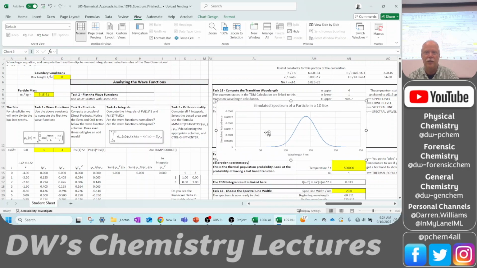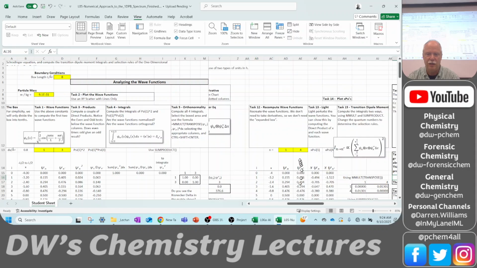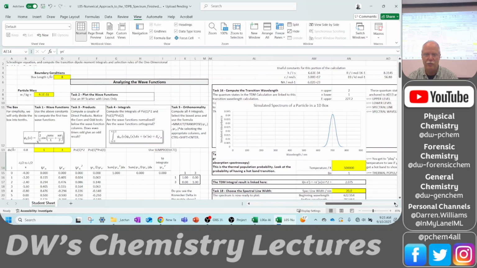So what I want to do is look at this. Let's do 1 to 2. Here's our spectrum. The peak's at 700. Here's my box length. And this is what I mean when I talk about playing around with the spreadsheet.